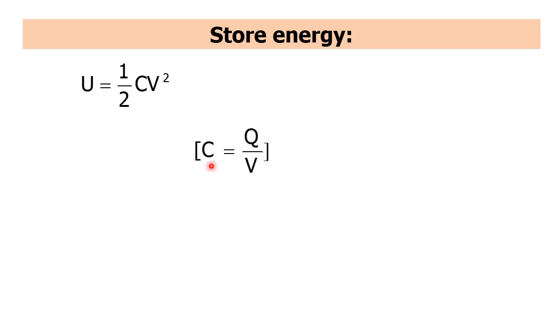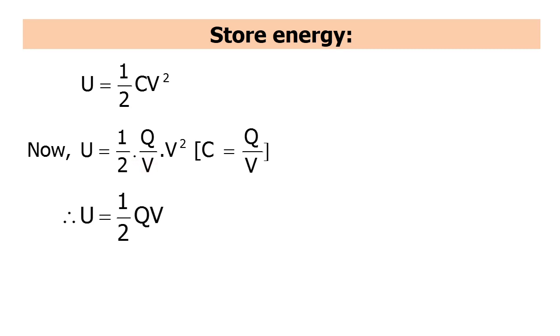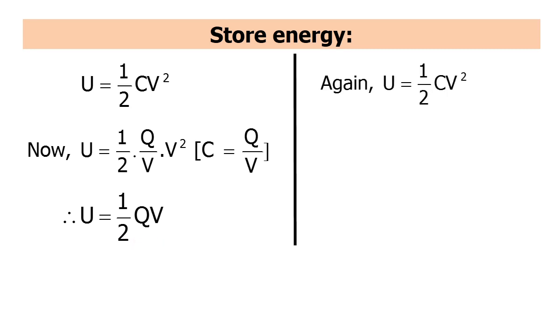If we put the value of capacitance C equal to Q by V in that formula, then we can write U equal to half into Q by V into V square, and after calculation we will get U equal to half into Q into V. That is another formula of stored energy.